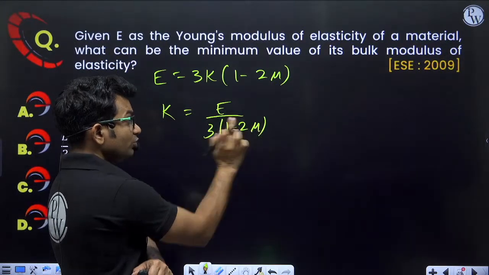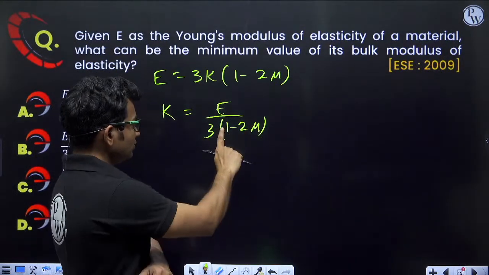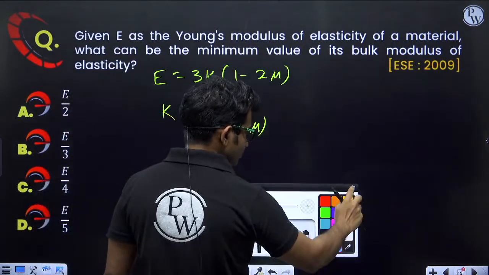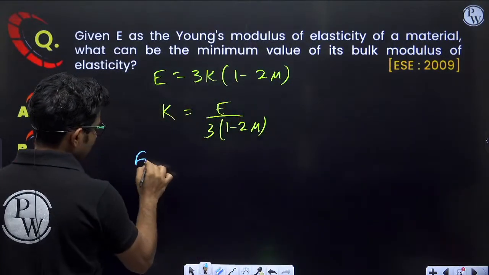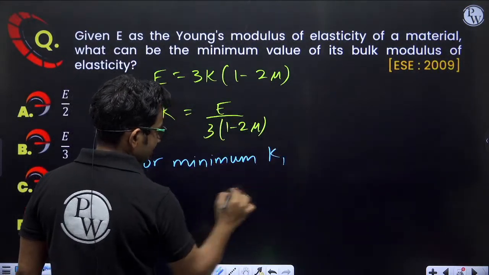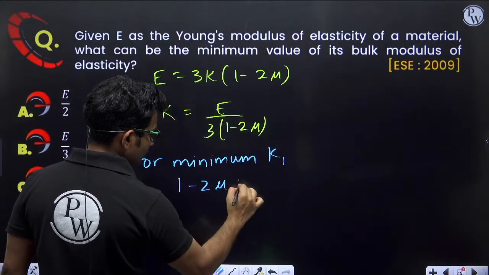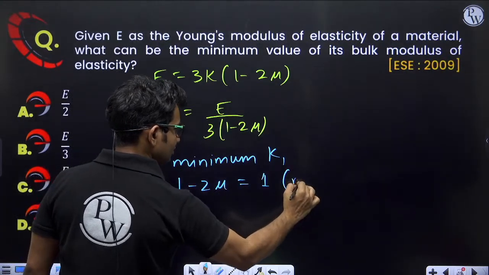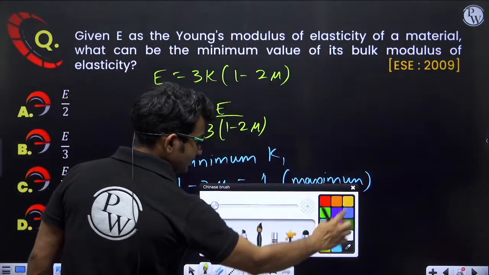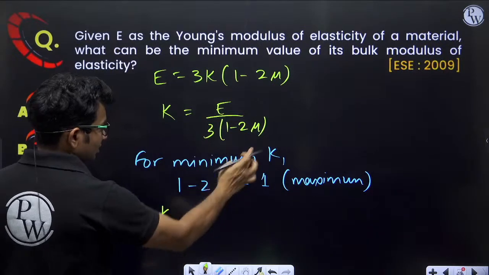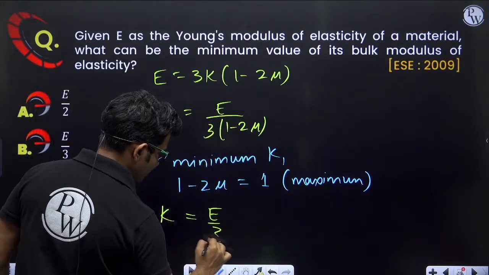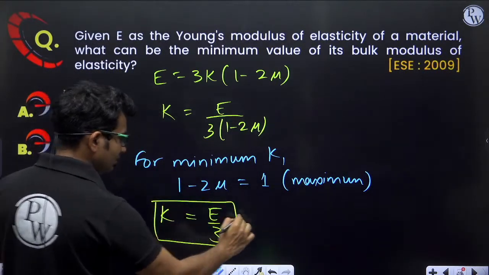So for minimum K, 1 minus 2 mu is equal to 1. This will be maximum. So K will be equal to E by 3, since 1 minus 2 mu has become equal to 1. This will be the minimum value of K.